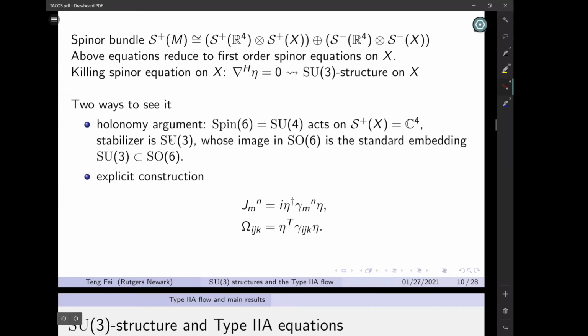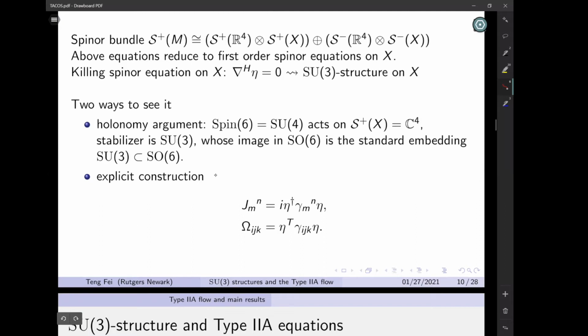So you look at the image under this 2-to-1 covering map, and in fact, the image gives a standard embedding of SU3 in SO6. Okay, so basically this means if we have such a spinor, we reduce the structure group of our Riemannian manifold, which is SO6, to SU3. So we get an SU3 structure.